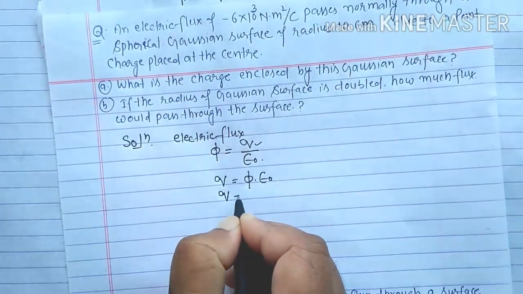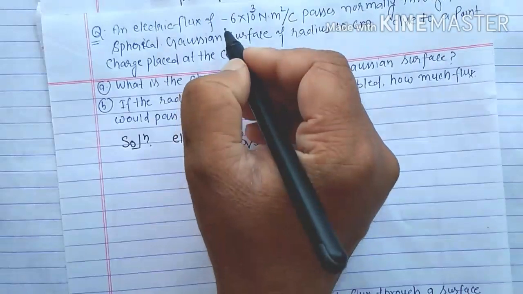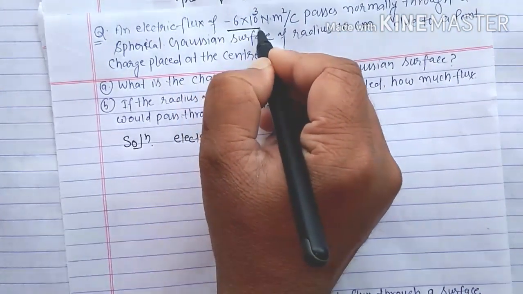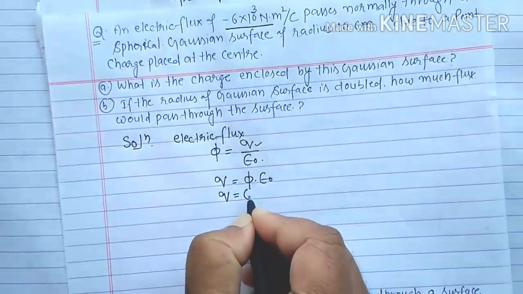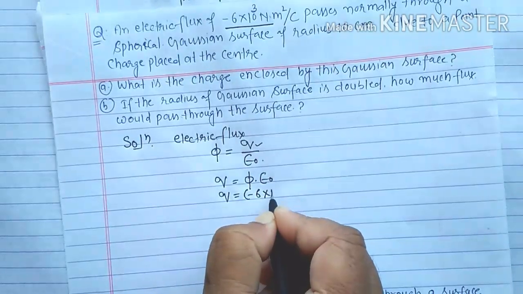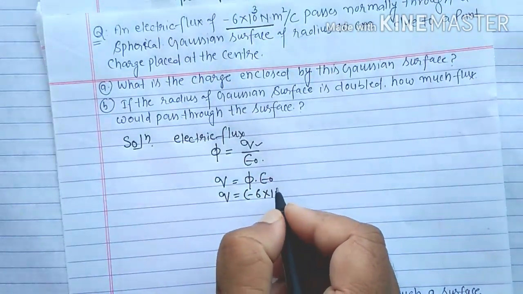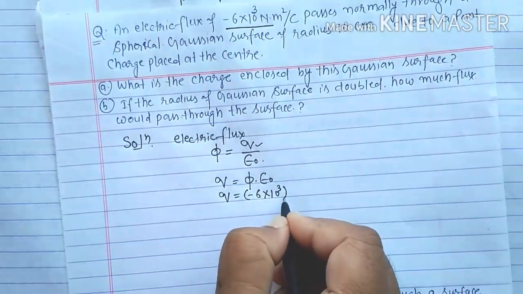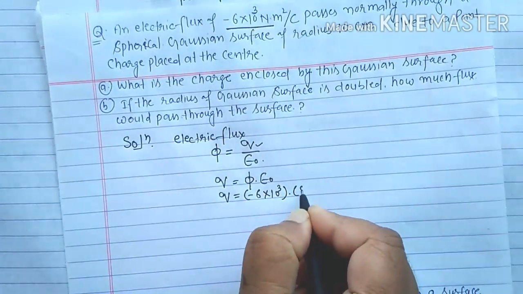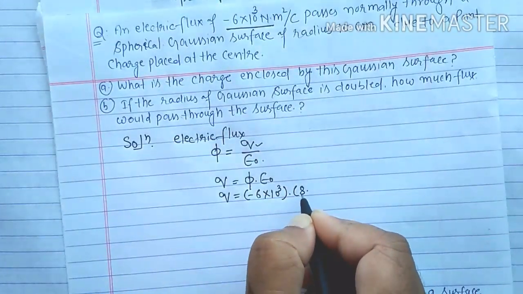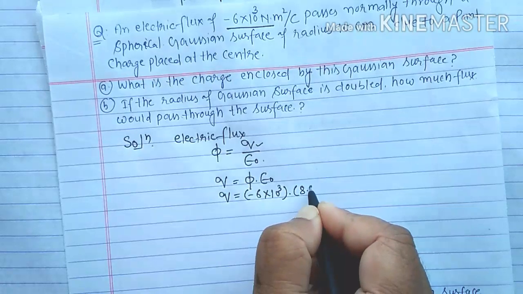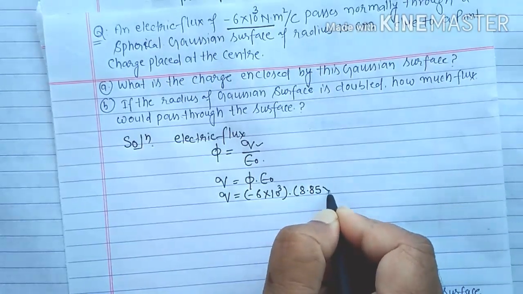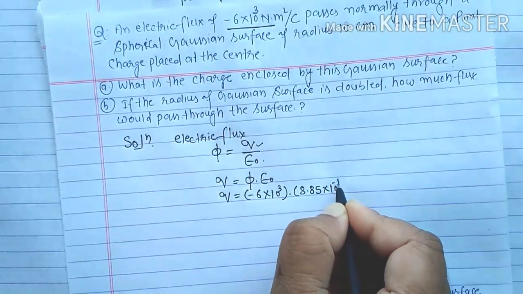So Q is equal to phi, electric flux, and this electric flux is given by this amount, minus 6 into 10 power 3, and epsilon naught, which is a constant, and its numerical value is equal to 8.85 into 10 power minus 12.